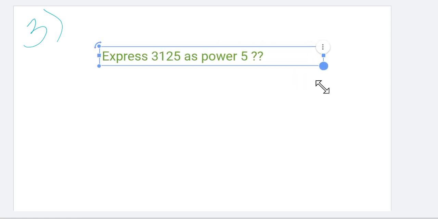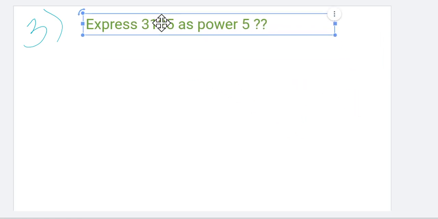Now the third question is: express 3125 as power of 5. So power is mentioned, the number is given, so now we know how to do this.